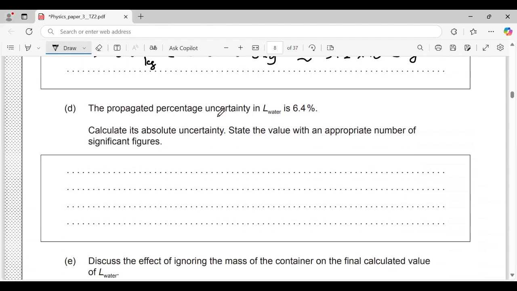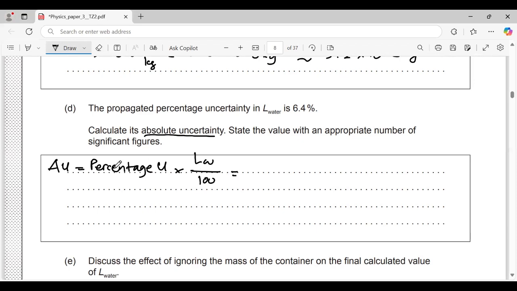The propagated percentage uncertainty in L water is 6.4%. Calculate the absolute uncertainty, and state the value with an appropriate number of significant figures. So, absolute uncertainty equals percentage uncertainty multiplied by L water over 100.